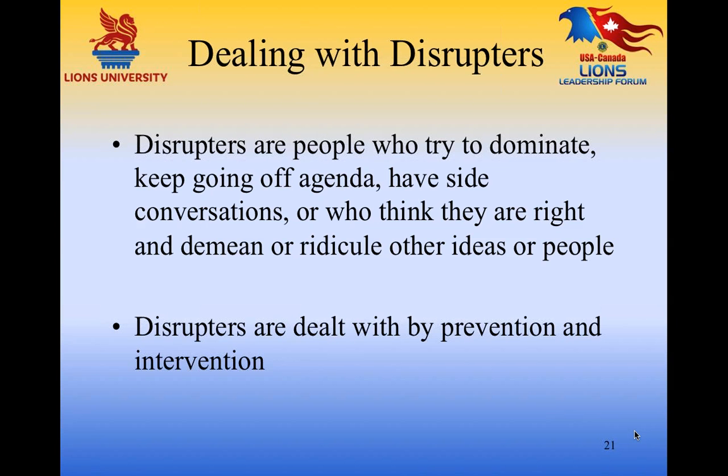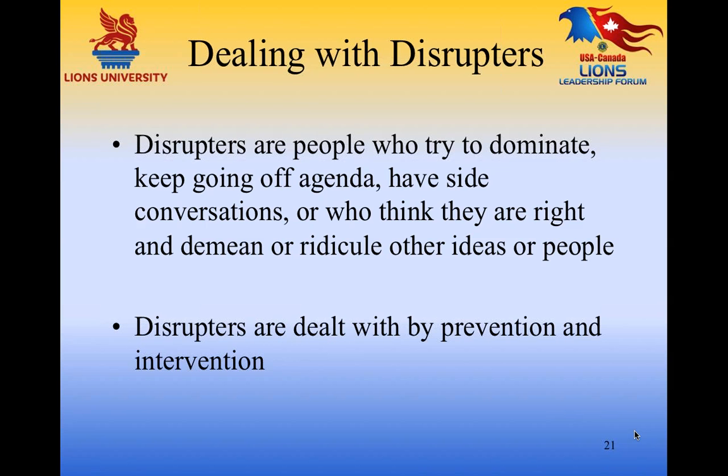Let's talk about disruptors. Disruptors are people who will try and dominate the conversation. They'll keep going off the agenda because they've got something they want to talk about, whatever it is, but it's not what the group's there to talk about. These are people that have side conversations. They think they're right. Maybe they're demeaning or ridiculing other ideas or other people.